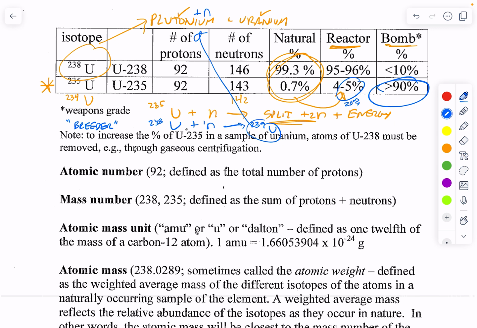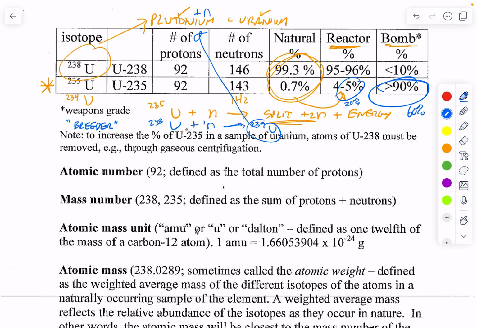Now today, and I just saw this within the last year, Iran right now is well over 60%, and may even be up at about 80% uranium-235.